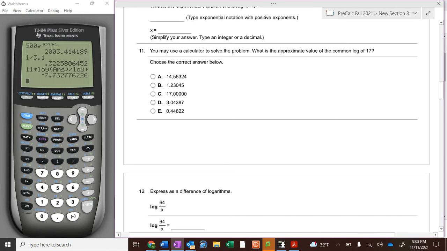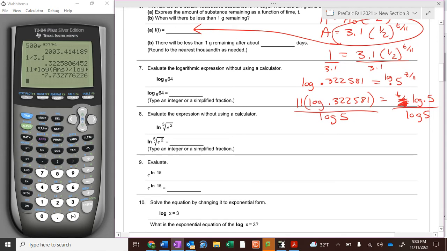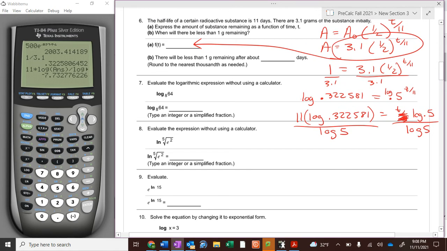All right. Because this is the right equation. So I divided by 3.1. So let me do this. Let me take the log of 1 divided by 3.1. Okay. And then that's what that is, a negative number.